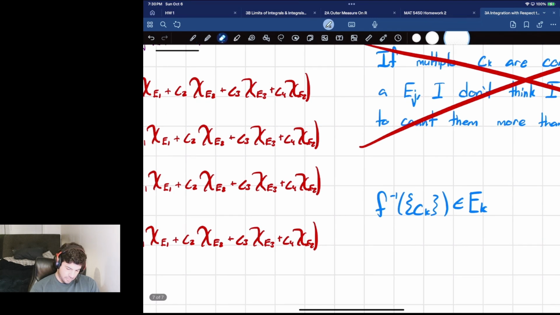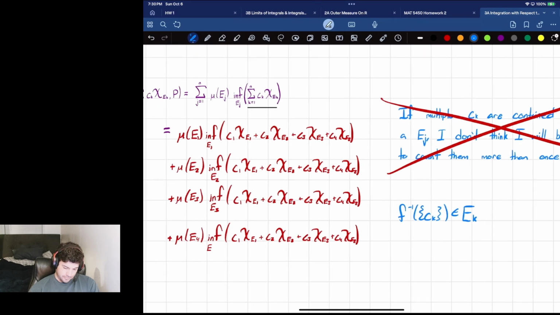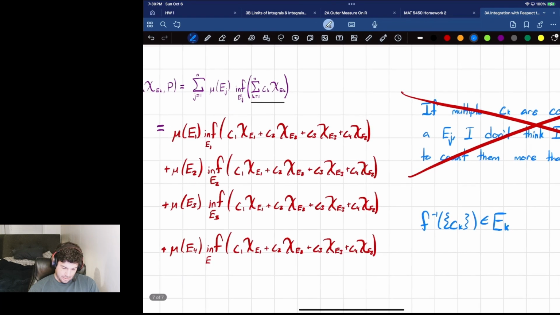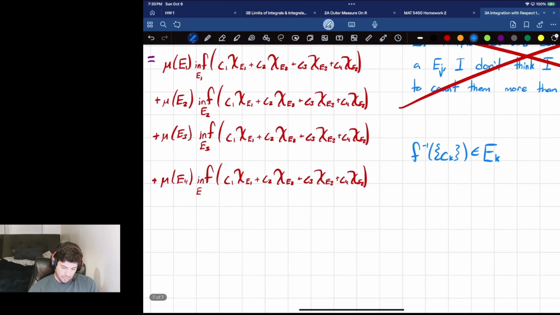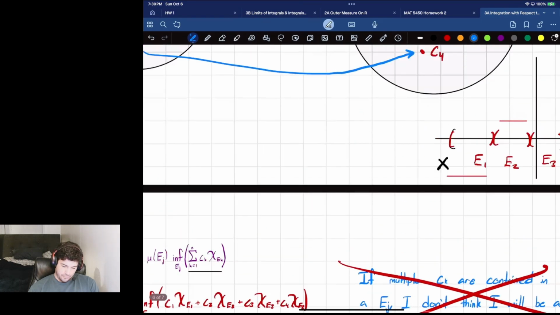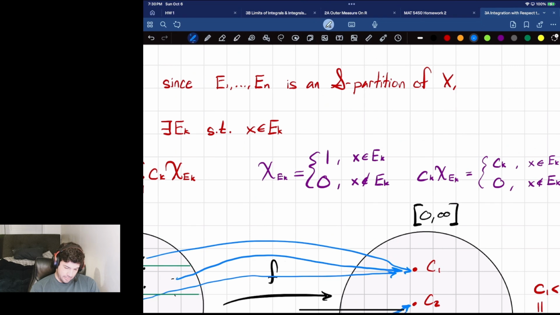Yeah, it has to be the case because the characteristic function is defined like this, and so it's equal to 1 if x is in EK and 0 if x is not in EK.